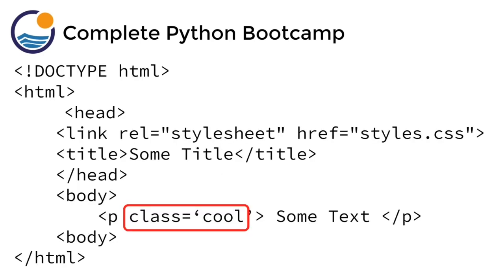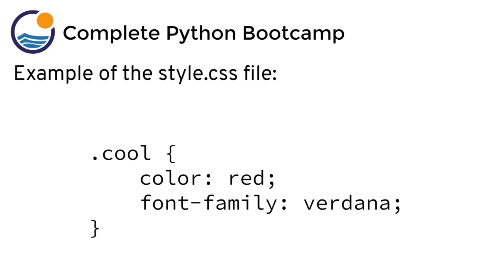Now it could have also been a class call. So it could have been class equal to something like cool or whatever arbitrary string here that links to the CSS document. And then it would look something like this. We would have a dot instead of a hashtag because this is now a class call and class is denoted by a period or dot. And then we have the properties, something like color is red and then the font family is Verdana.